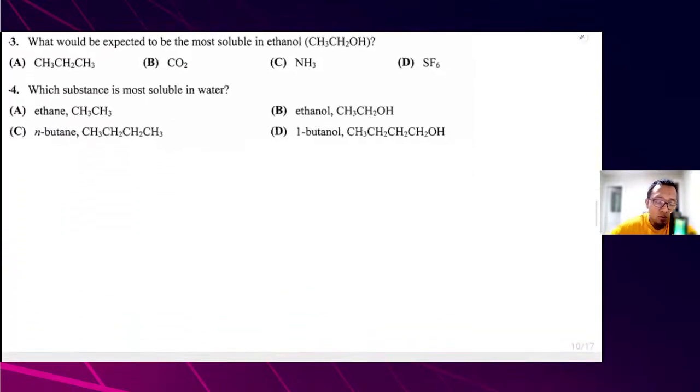So number 3: what would be expected to be the most soluble in ethanol? Now we are talking about solubility, so remember the fundamentals of dissolving. We need to look at the characteristics of ethanol itself.